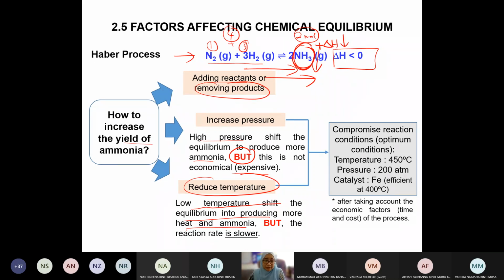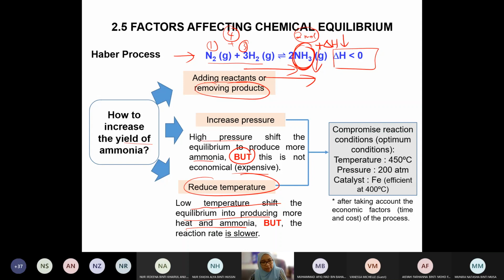Dia akan lama. Okay, memang it has the possibility to produce more product, but it will take longer time. Again, industry is very concerned about money and time. Okay, so tak semudah macam tu lah kita kata, okay, lowerkan the temperature lah.